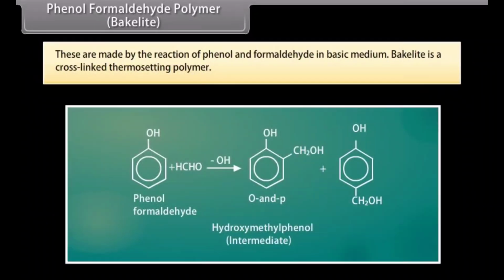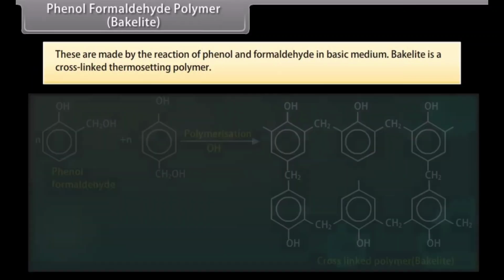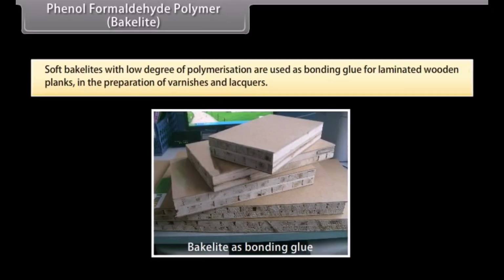Phenol formaldehyde polymer, bakelite. These are made by the reaction of phenol and formaldehyde in basic medium. Bakelite is a cross-linked thermosetting polymer. Soft bakelites with low degree of polymerization are used as bonding glue for laminated wooden planks and in the preparation of varnishes and lacquers.